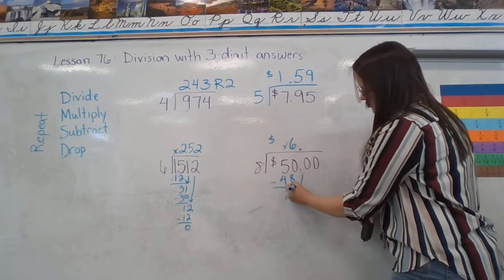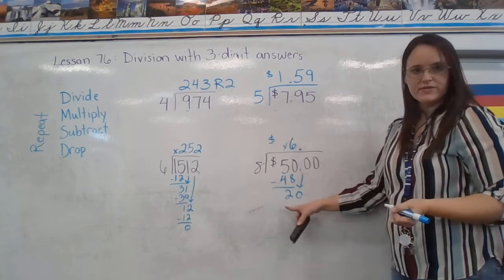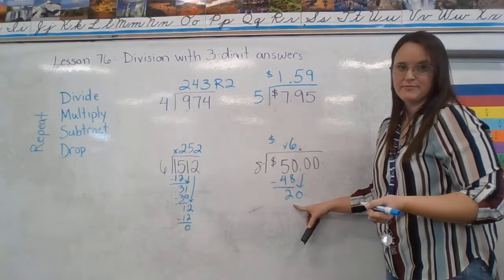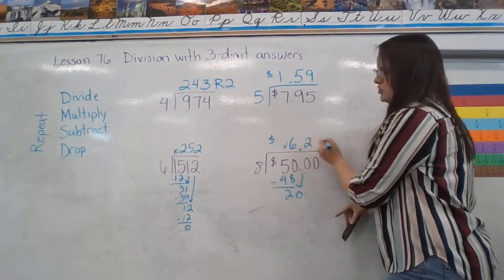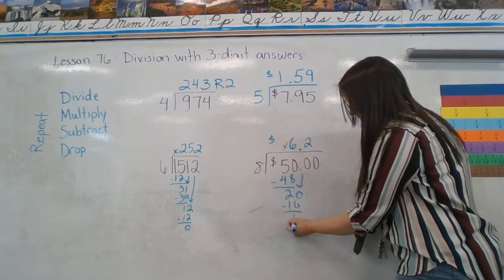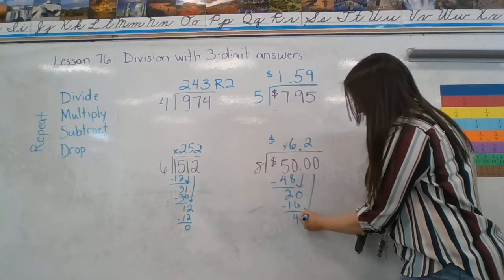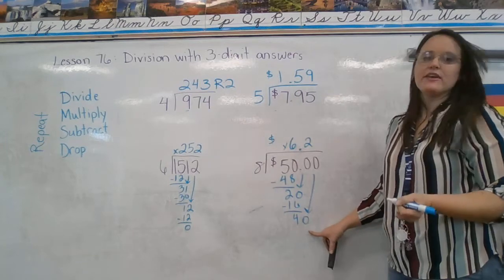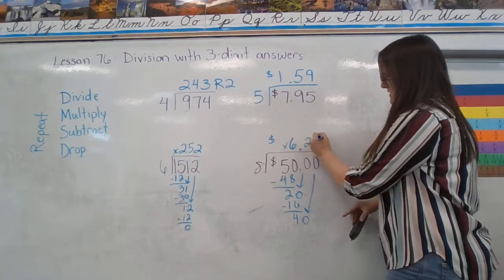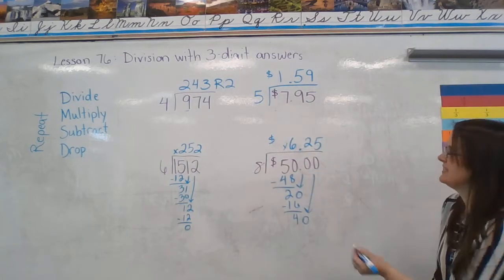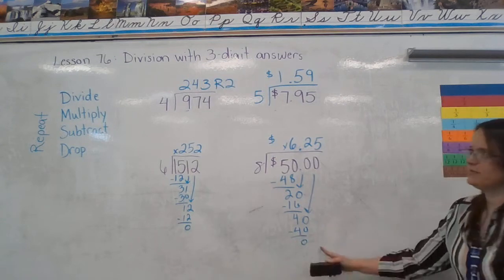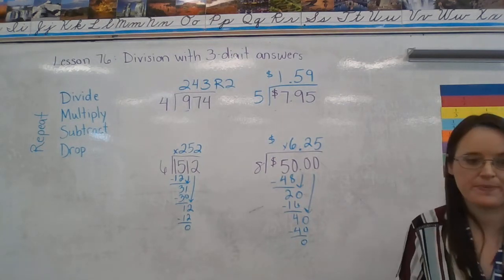Subtract. Drop one of those zeros. Does 8 go into 20? Yes. How many times? 2. 2 times 8 is 16. Subtract. Drop. Does 8 go into 40? Yes. 5 times. 5 times 8 is 40. Subtract. And we have no remainder.